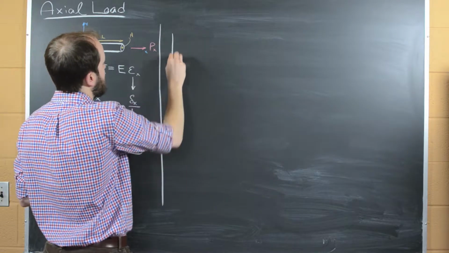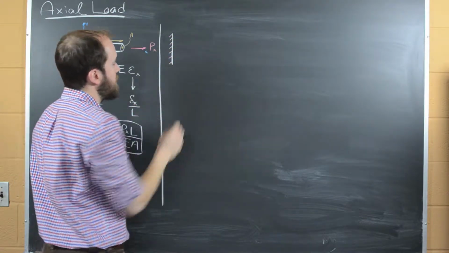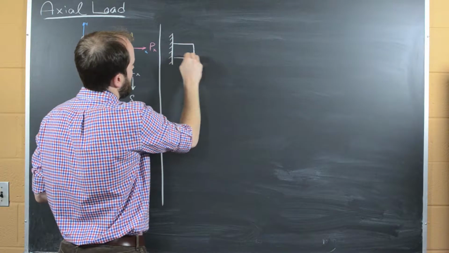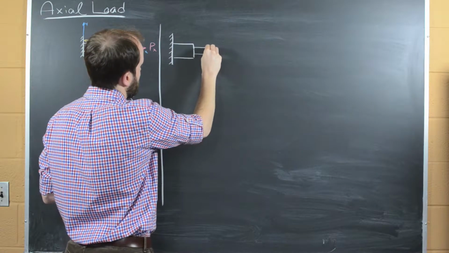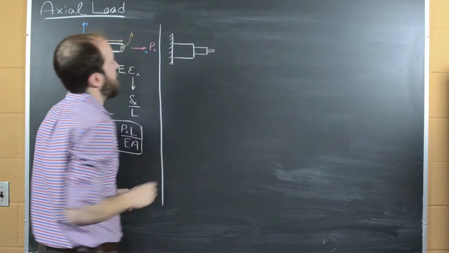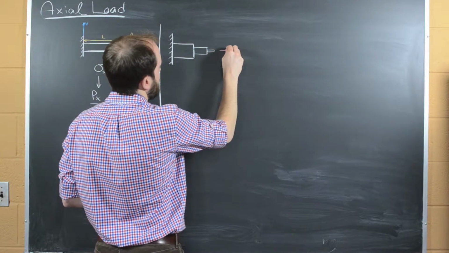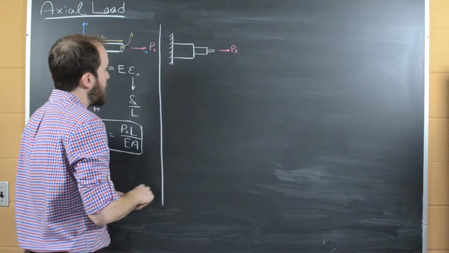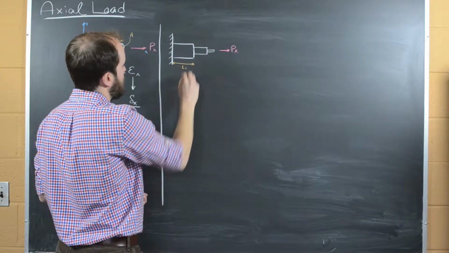So again, if we consider a cantilevered rod, but this time, let's have it change shape as we go along the x direction. And so again, we'll apply a load Px. And now we have a little bit of a more complicated scenario. Here will be length 1.